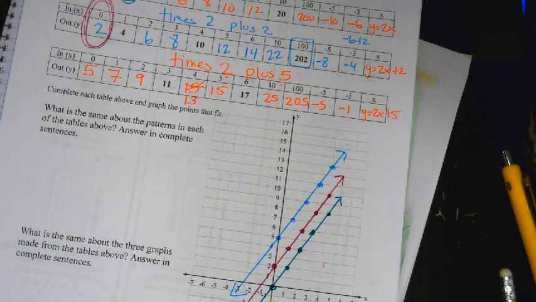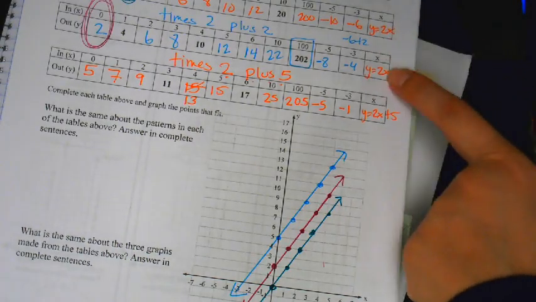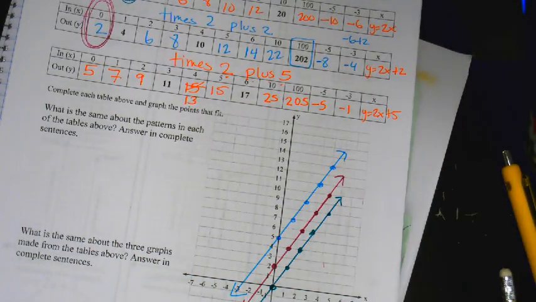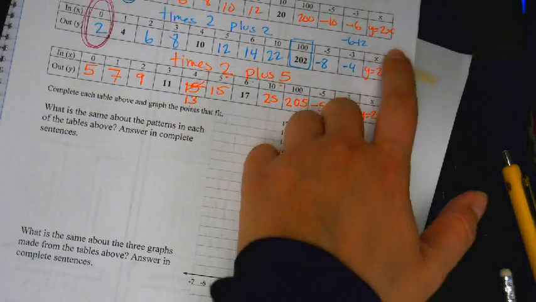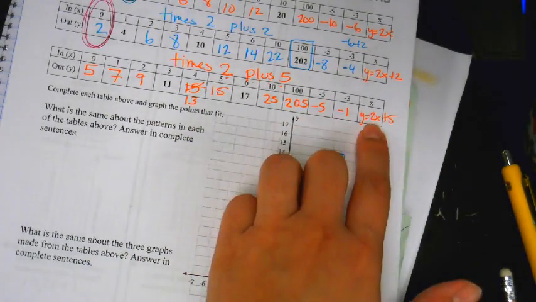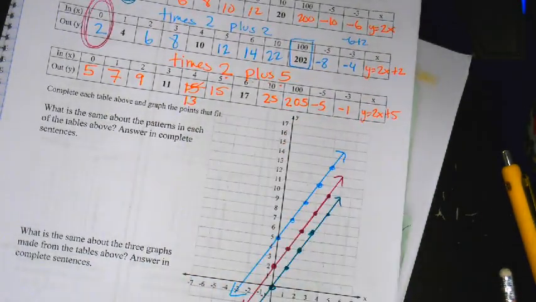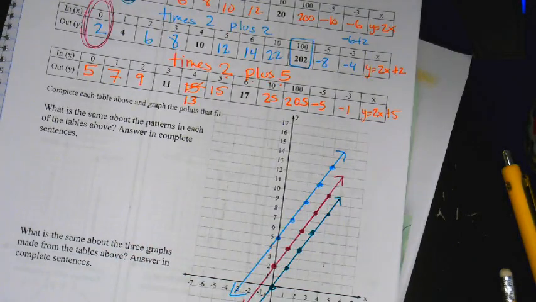What do all 3 have in common with the equation, the rule? They're all multiplying by 2. So the rate of change is 2. If you have the same rate of change, when you graph it, they're parallel. No matter the starting point, you'll have parallel lines.